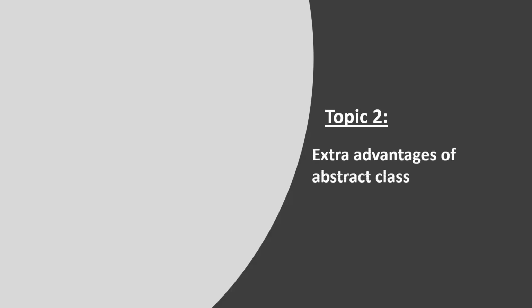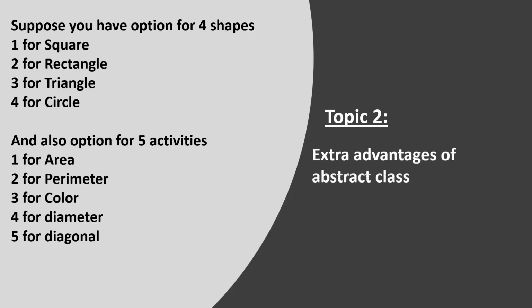because there are some other facilities available for the abstract class. Like if I create a situation like this, the situation is not always that good. Suppose we now have some activities called diameter and diagonal. Diameter is applicable only for circle, and diagonal is applicable for square and rectangle only. It is not always that all the activities belong to all the shapes.